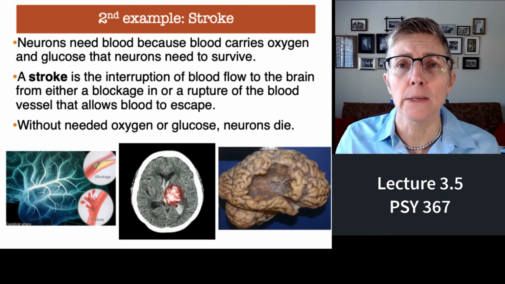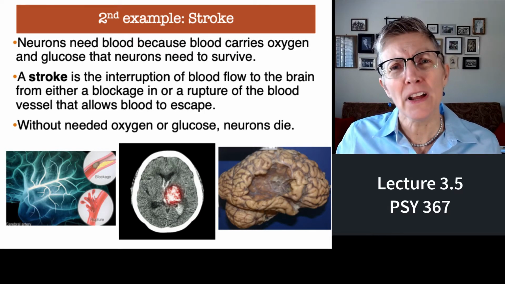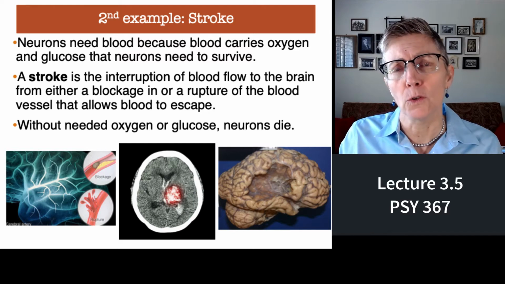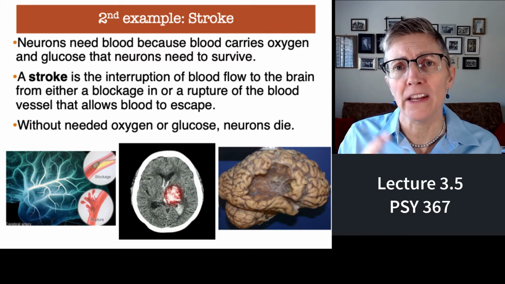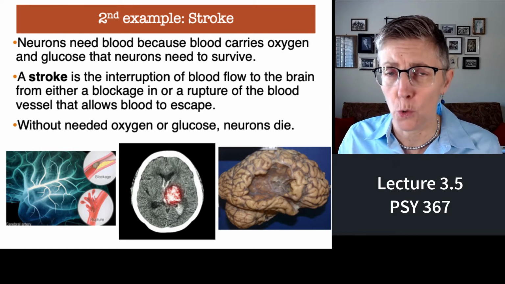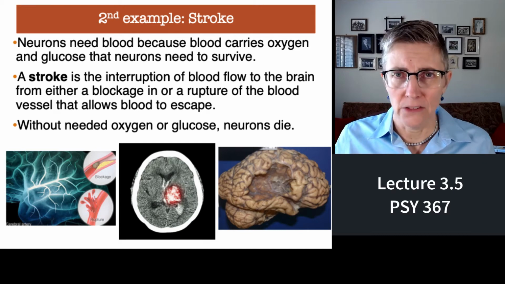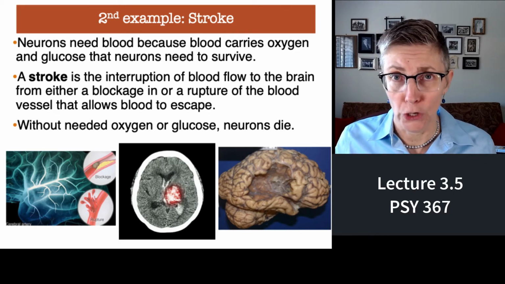The second type of brain disease I want to tell you about is stroke. What is a stroke? Remember I said that while your brain only takes up 2% of your body weight, it accounts for a quarter of the calories that you consume, takes a quarter of the energy to run your brain. What your brain needs to work is glucose.